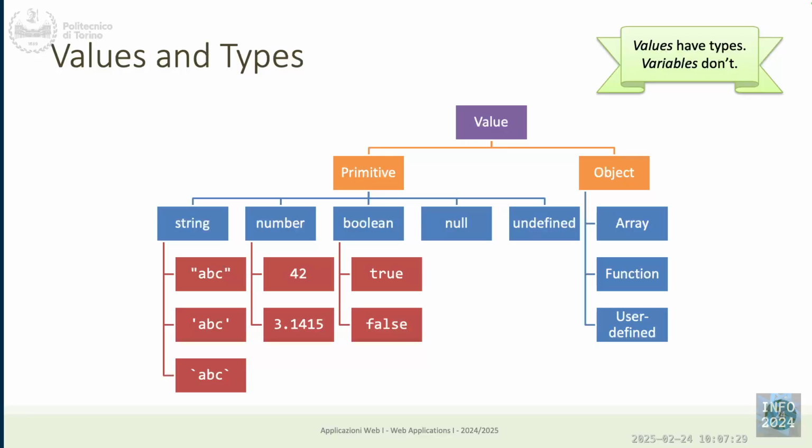So functions in JavaScript are really objects that we can pass around, we can modify, we can refer, and so on. So there will be a lot of functional programming, which is the standard way, let's say, the standard idioms of JavaScript programming are based on using functions and passing them around as objects and calling them asynchronously and so on. So this will be probably the most interesting part of the language.